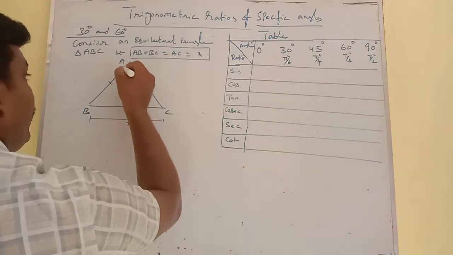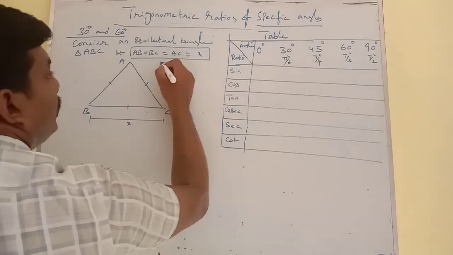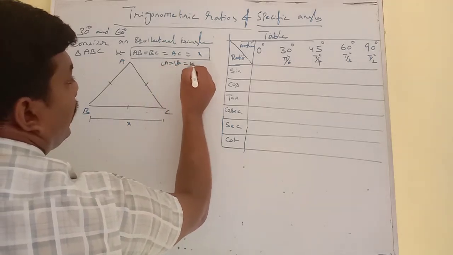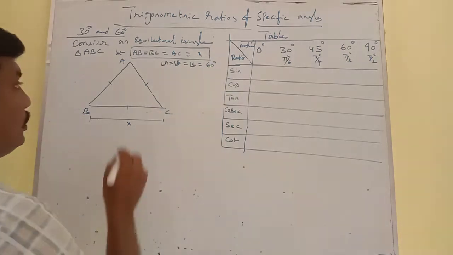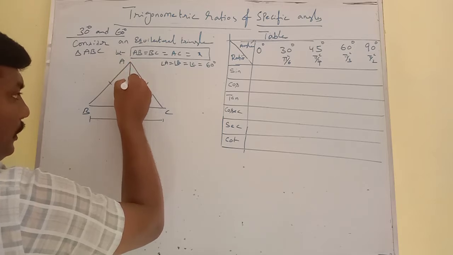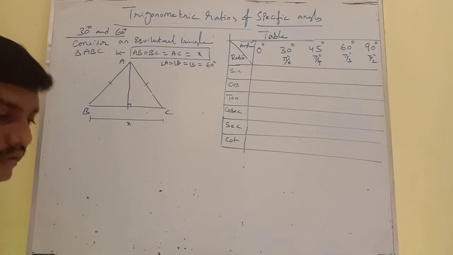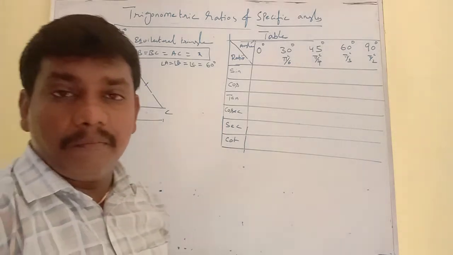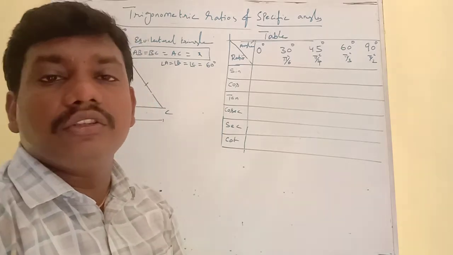Each angle of an equilateral triangle is 60 degrees, we know. That is, angle A equals angle B equals angle C equals 60 degrees. If I draw one perpendicular from the vertex to the base of an equilateral triangle, this perpendicular acts as a median, angular bisector and also altitude.